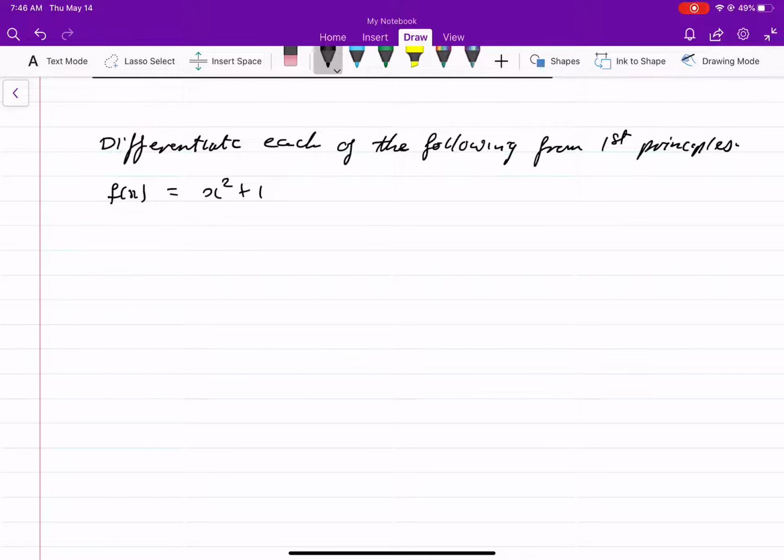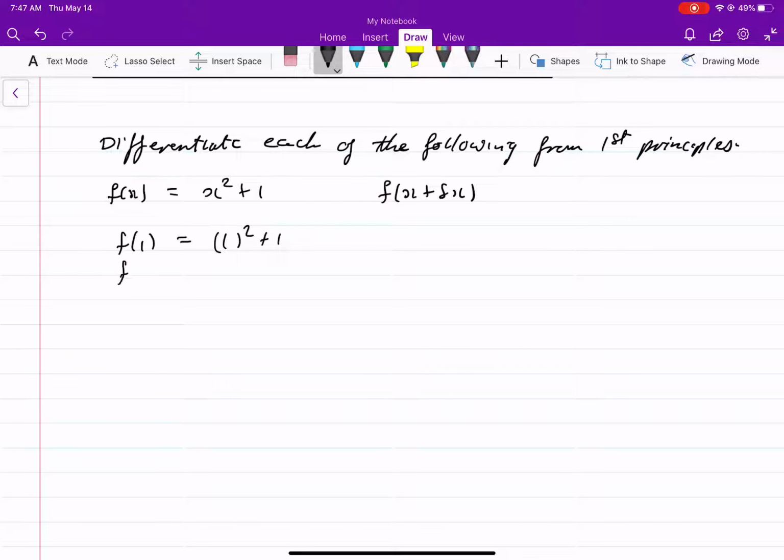From past experience, I know students have a strange problem for whatever reason in finding f of x plus delta x. They get confused. And I usually clarify that as follows. If I wanted f of 1, you'd obviously plug in 1 wherever you see x. So that would be 1 squared plus 1.